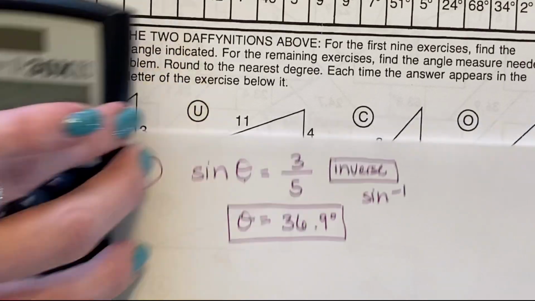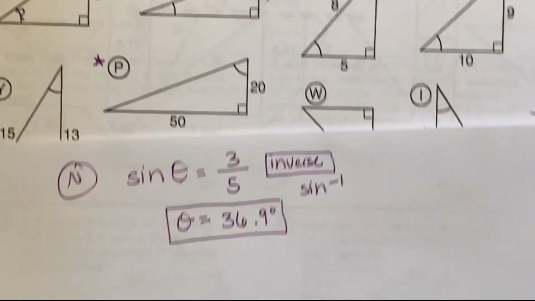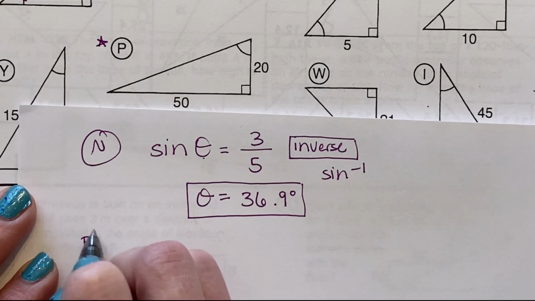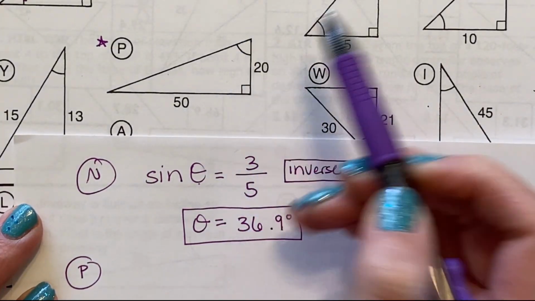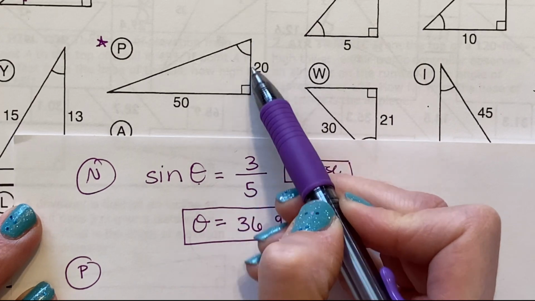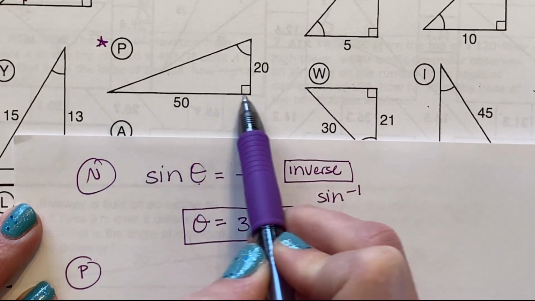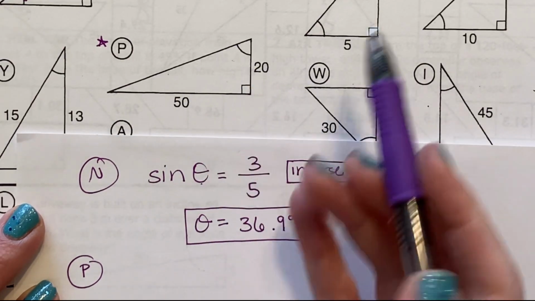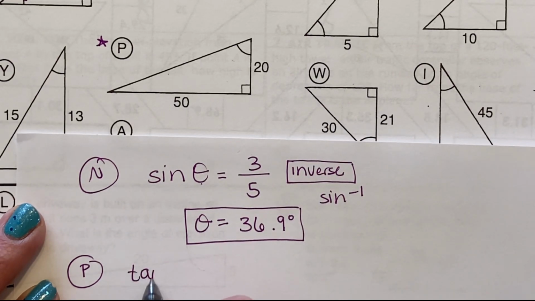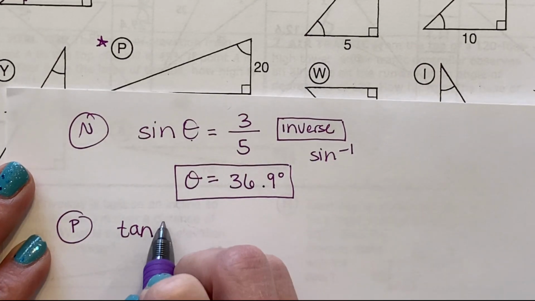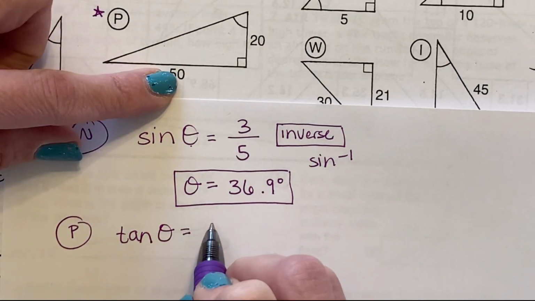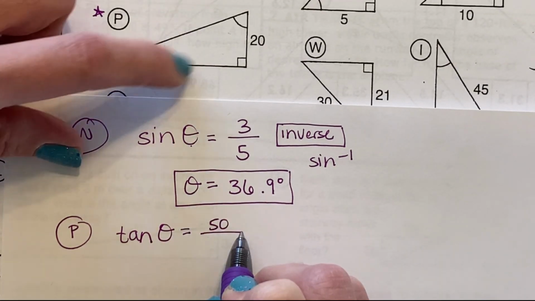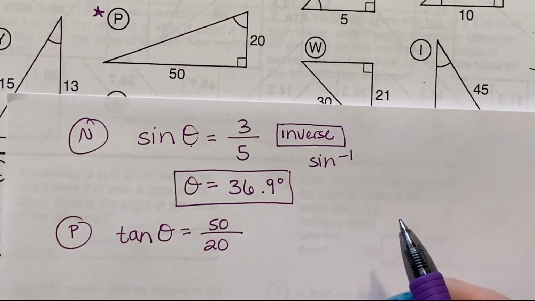You get that, okay? Let's go ahead and do P just in case. I have a value right here. Here's my unknown, and I have adjacent, and I have opposite. I don't know hypotenuse. Opposite and adjacent is tangent. So tangent of my unknown value, theta, is opposite over adjacent.